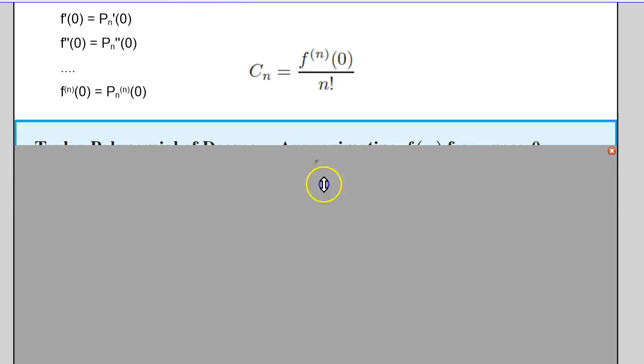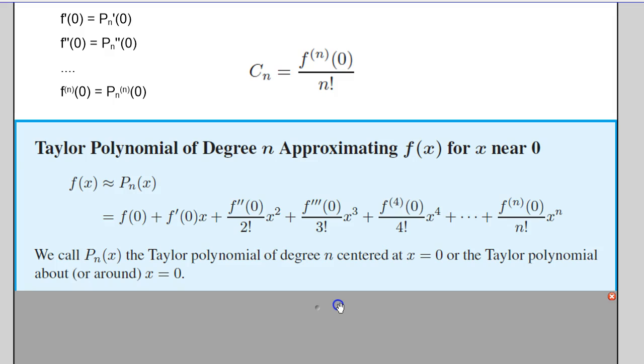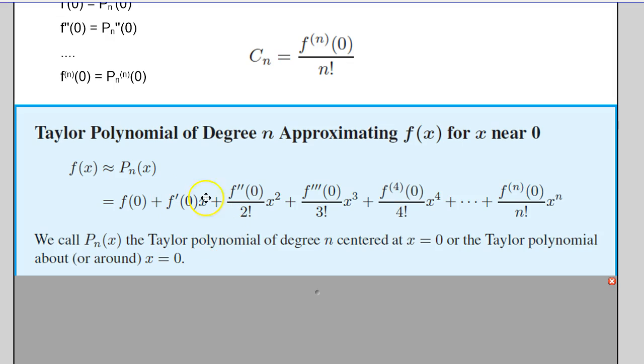So if that's the case, now I have a general form for figuring out the nth degree Taylor polynomial of a function for x values close to 0. And it looks essentially like this, where in order to determine the coefficients of our n-degree polynomial, we need to divide each term by its relative factorial.